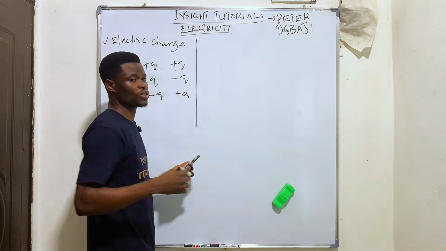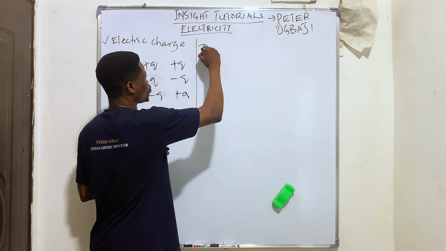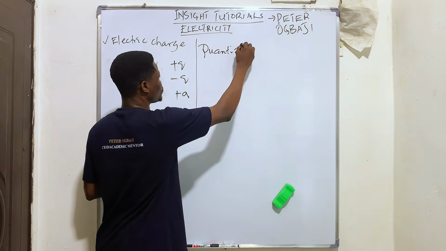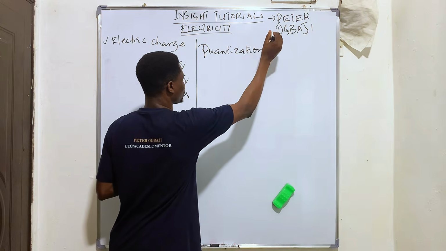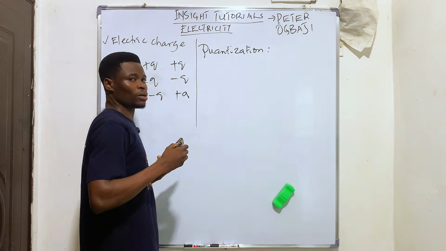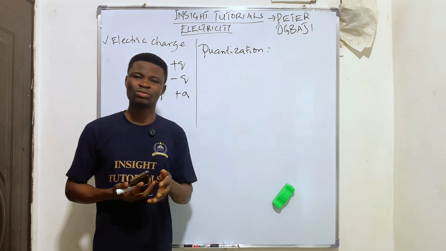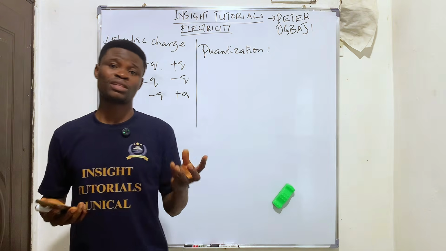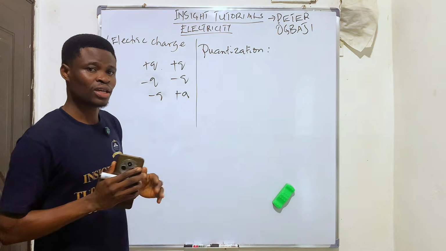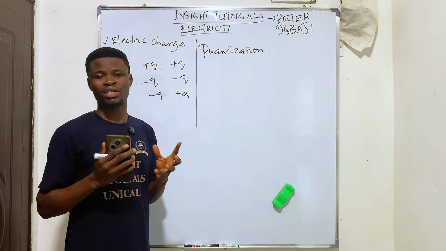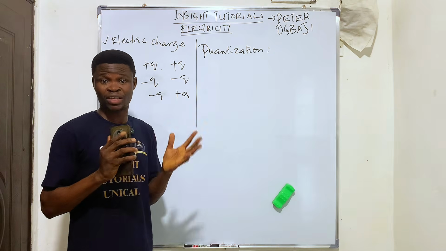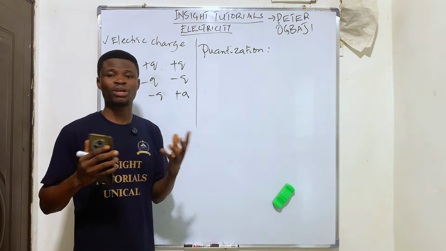Electric charge has certain properties that you need to be very familiar with. The first property of electric charge is what we refer to as quantization. The law of quantization states that electric charges are represented in discrete or fixed form and not in arbitrary value.